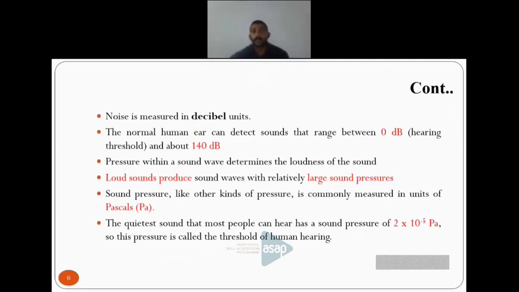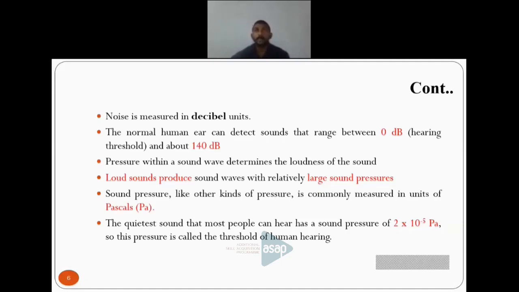If the pressure variation is higher, the sound produces higher sound pressures. If the pressure is higher, the loudness of the sound will also be more.